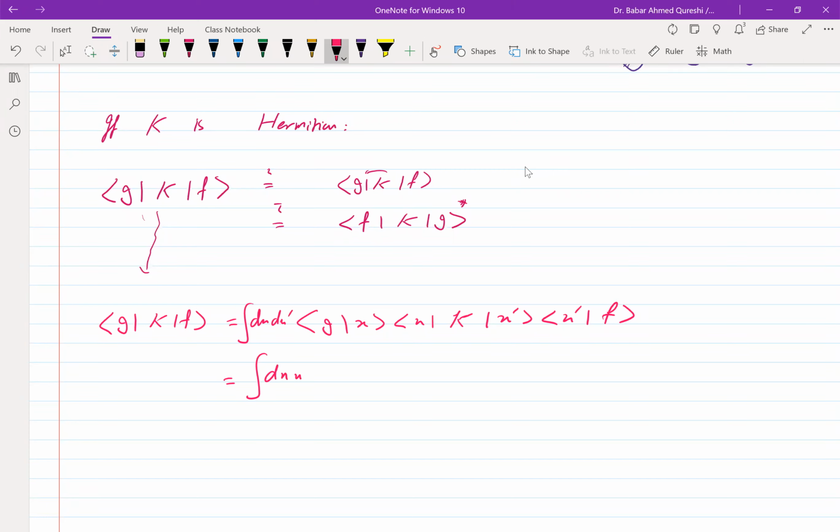They give me G star of x, this is f star of x dash, and this was minus iota dx minus x dash d by dx dash.